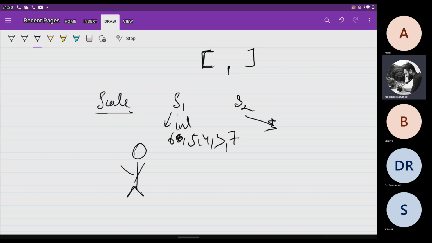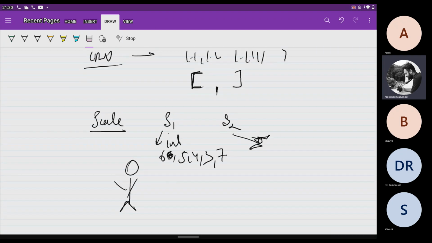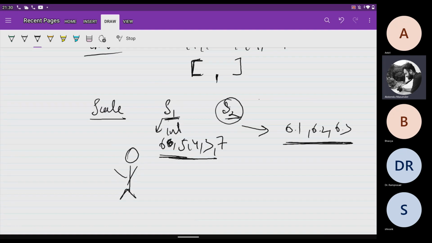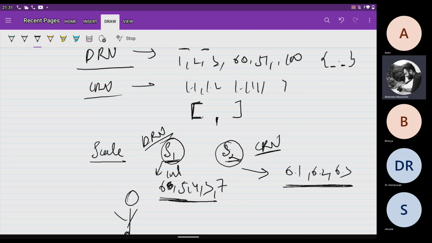But s2 has more precision, it will give you a more precise length, like 6.1 feet, 6.2 feet, 6.3 feet. So s1 gives an approximate value and s2 gives a highly precise value. So here s2 is basically a continuous random variable and s1 is a discrete random variable. Continuous random variable is very precise in nature, while discrete ones are not. Do you get the concept of continuous random variable and discrete random variable?